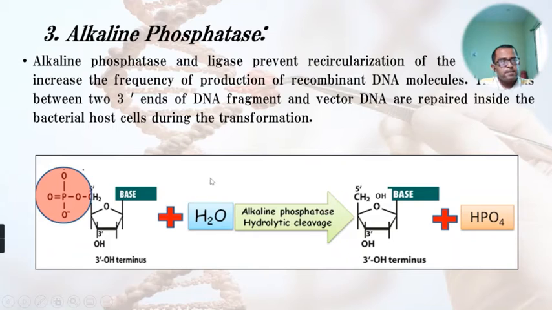It hydrolyzes the phosphate group present at the end of the plasmid fragments. Because of the removal of this phosphate group from the 5' end of these plasmid fragments, they are not able to rejoin their own fragment once again.